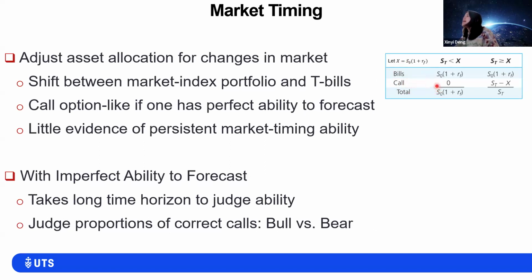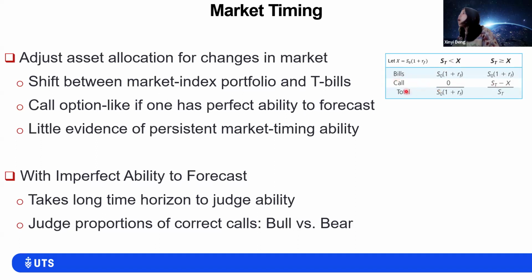In that case, we will be able to derive the payoffs of the bills and the payoffs of the call options separately. For the call option, the payoff when ST is smaller than X should be 0, because it's not profitable to exercise in this scenario. And if ST is greater than or equal to X, then it's profitable to exercise the call option.